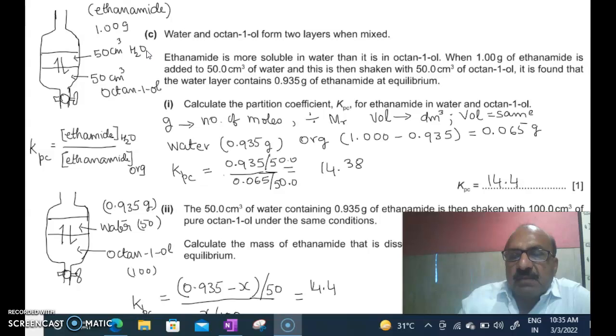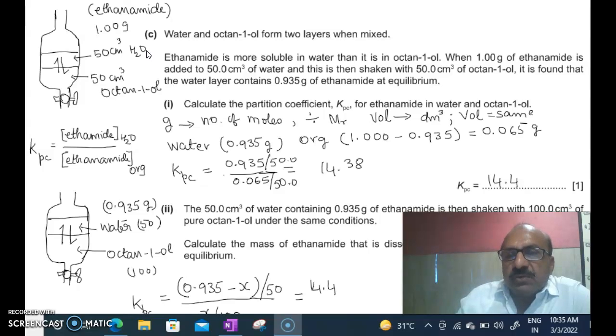So this is the amount present in the water layer, and this is the amount present in the organic layer. And even this 50 is not required because 50 would be cancelled out, and simply take this ratio and it turns out to be 14.38, which can be rounded off to 14.4 to 3 significant figures, and so that's the value of the partition coefficient.